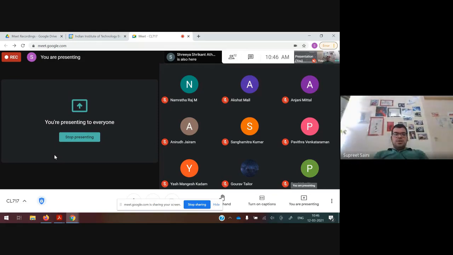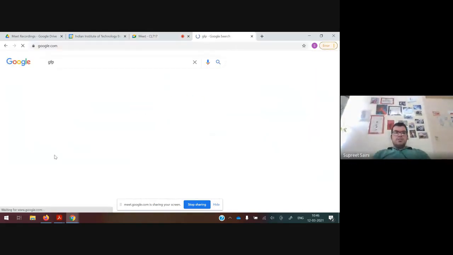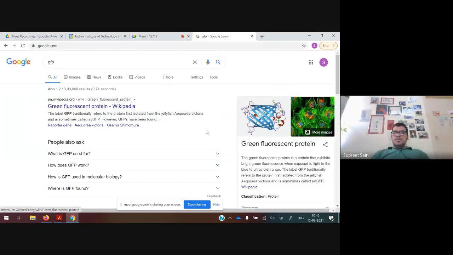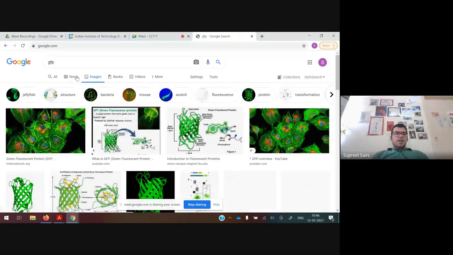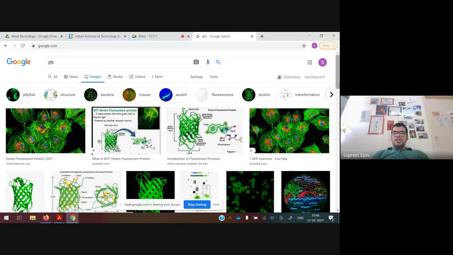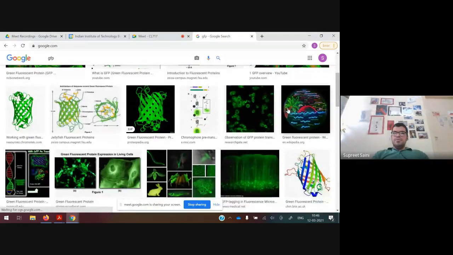Okay, so let me just show you a picture of this. This is GFP. These are mammalian cells. If we go down, this is a coconut tree. The leaves are green. That's E. coli expressing GFP, right?